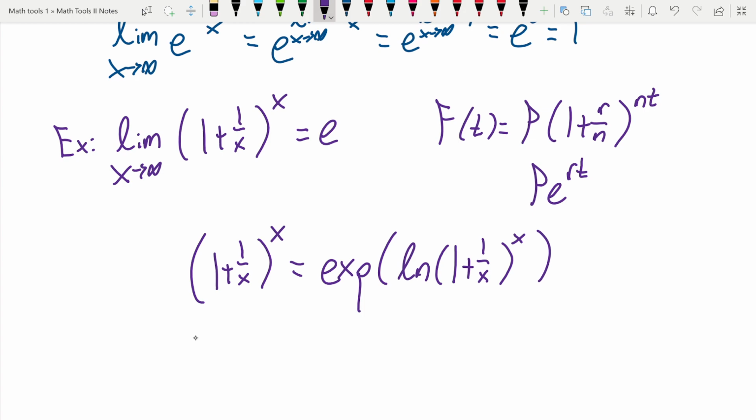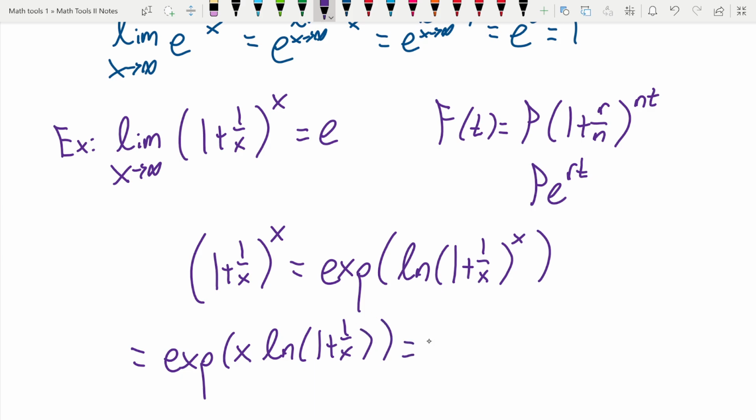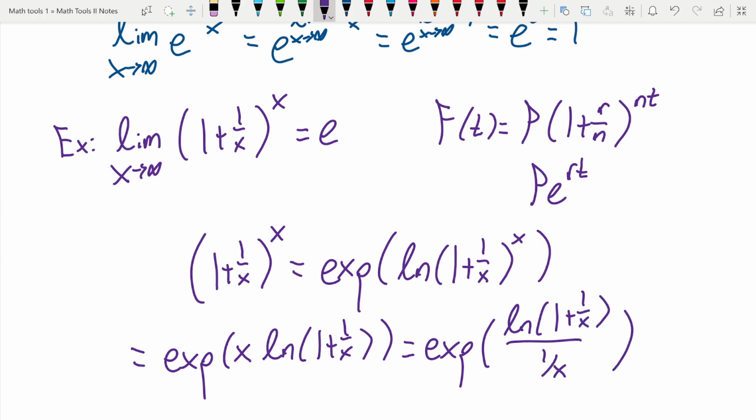So now we can bring that exponent down: x ln(1 + 1/x). And then just like before, we want to rewrite this as this over 1/x.